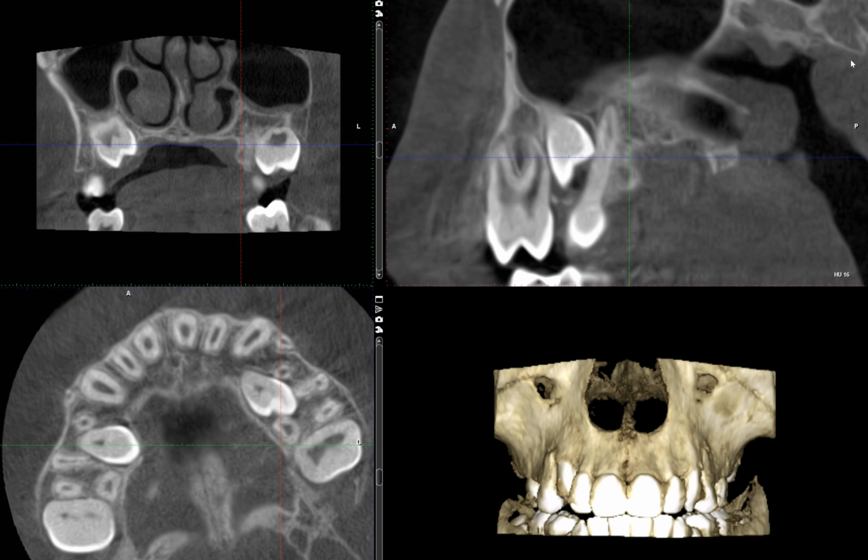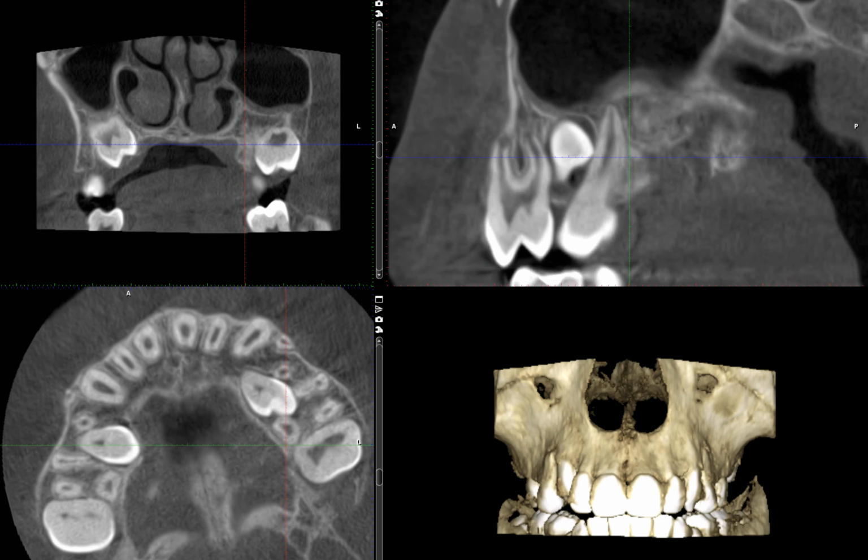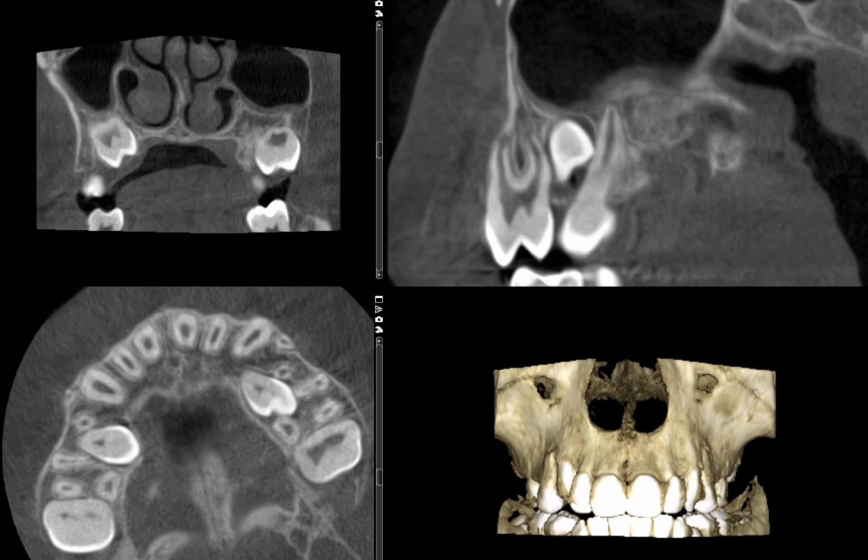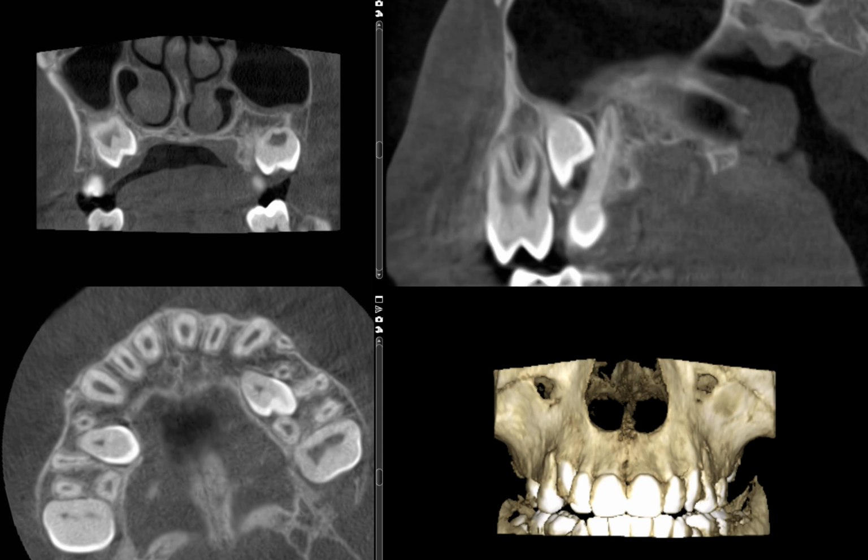However, when we look at the palatal root of number 14, let me see if I can hide the crosshair. Once again, it's very minimal, but I felt that there was a slight or minimal root resorption at the palatal root.